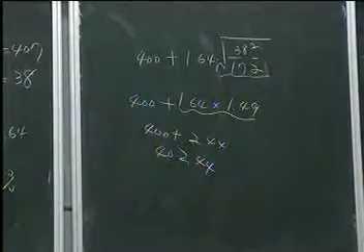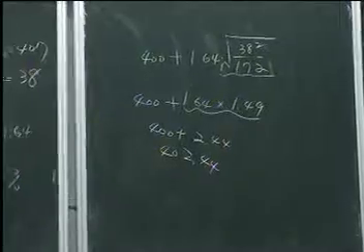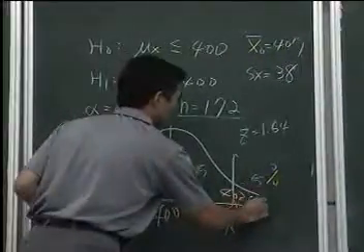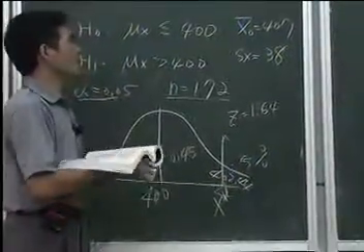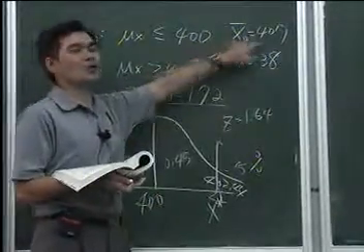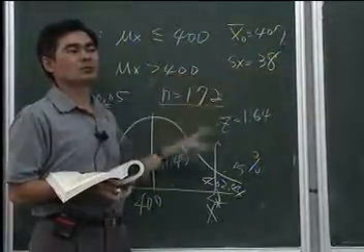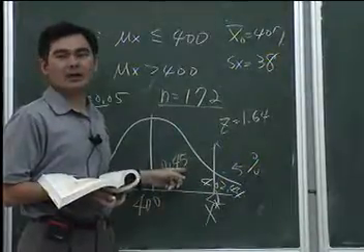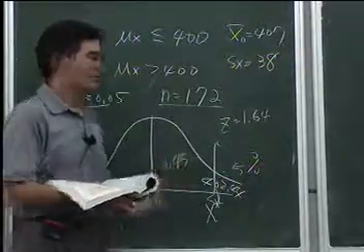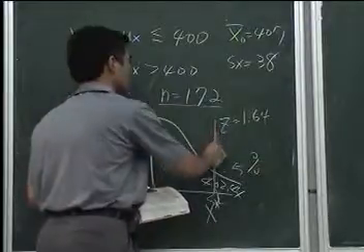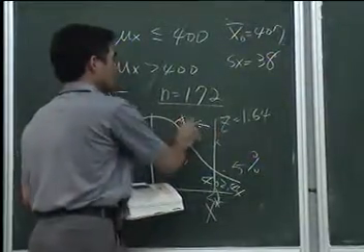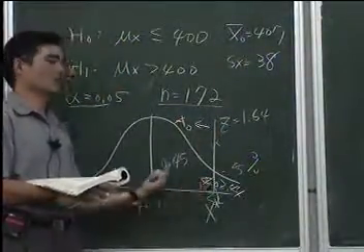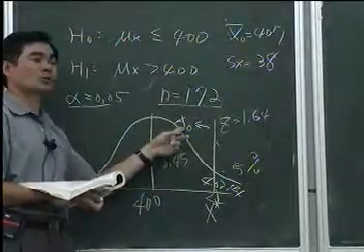So this number here should be 402.44, right? But what's the sample? The sample is 407, right? So what would you do? You're going to reject H0 and take H1. Because within this area, you're going to say H0 is true.